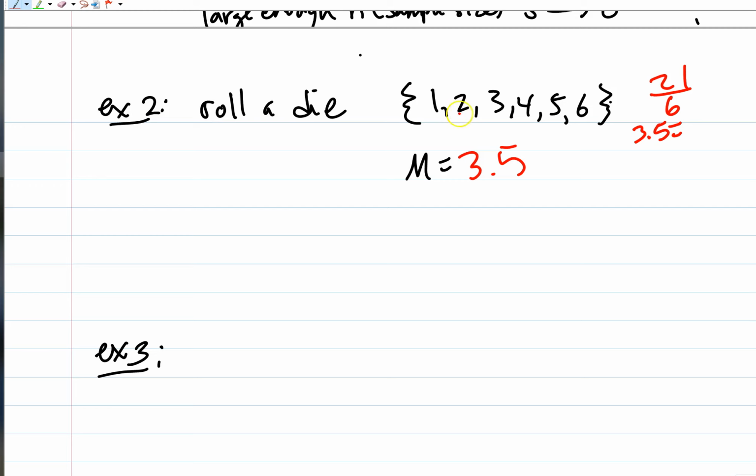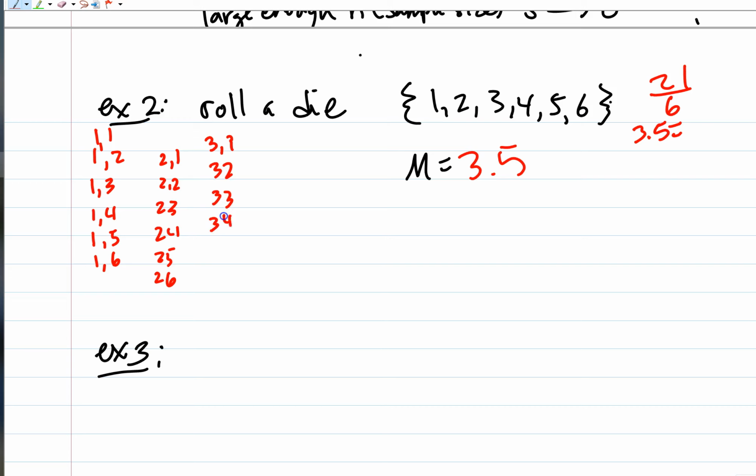Okay, what if I was to do several samples of size 2? So I would basically pull a 1 and a 2, a 1 and a 3, a 1 and a 4, a 1 and a 5, a 1 and a 6, a 2 and a 1, a 2 and a 2, a 2 and a 3, 2 and a 4, 2 and a 5, 2 and 6, I forgot 1 and 1 there, sorry, a 3 and a 1, 3 and 2, 3 and 3, 3 and 4, 3 and 5, 3 and 6, 4 and 1, 4 and 2.